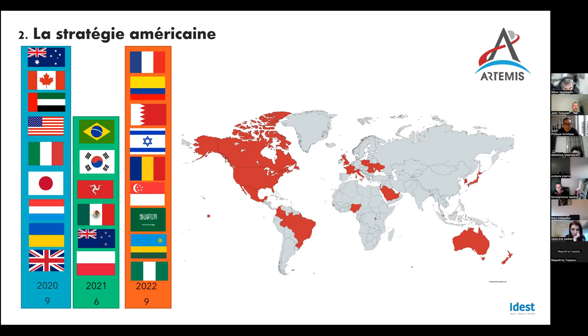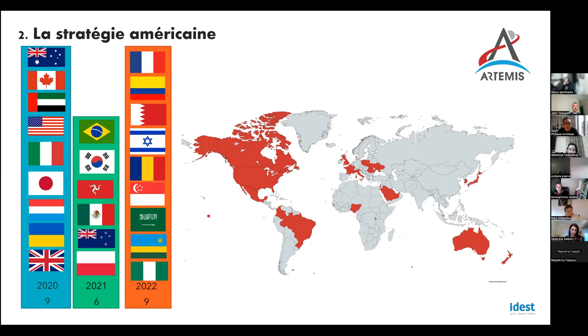And President Macron, our current president, accepted the signature of the Artemis Accords, despite a debate at the French Parliament, because the extreme left parties, which are very strong in France now, made a public statement not to sign the Artemis Accords.